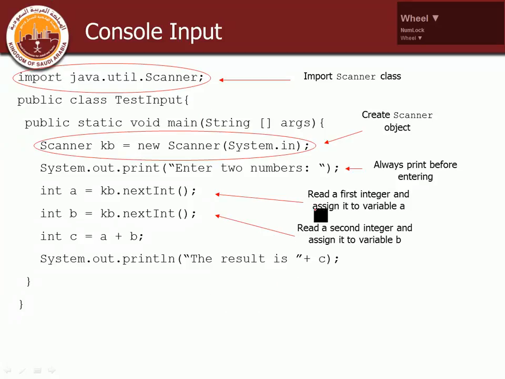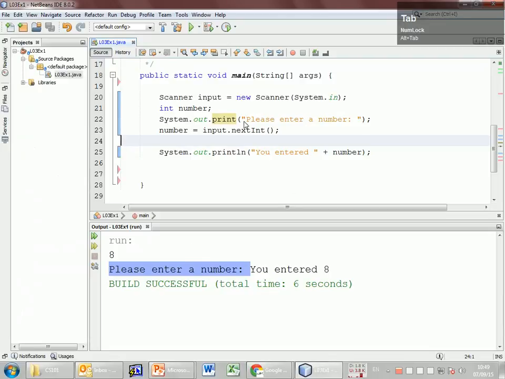So there's something about this actually. When you have two nextInt next to each other, there are two ways to deal with them. Let's say please enter two numbers.